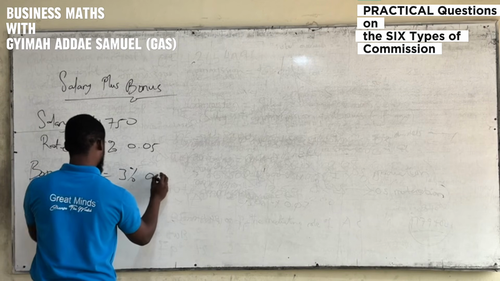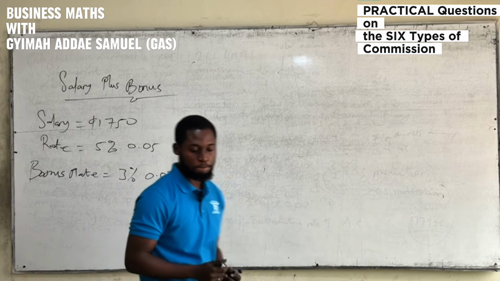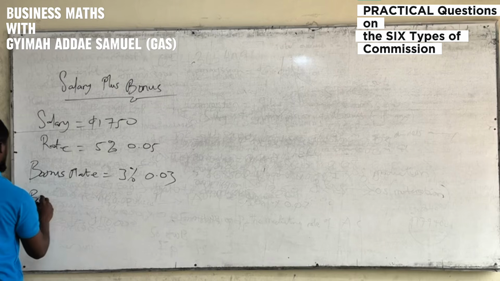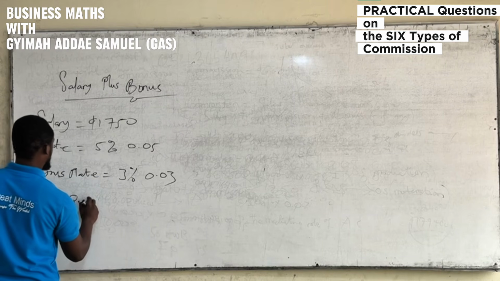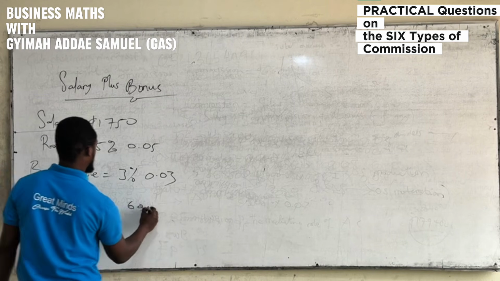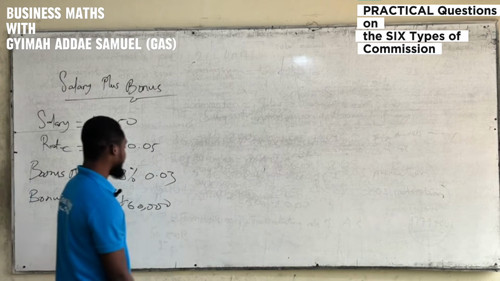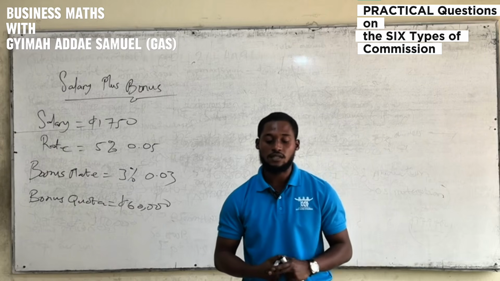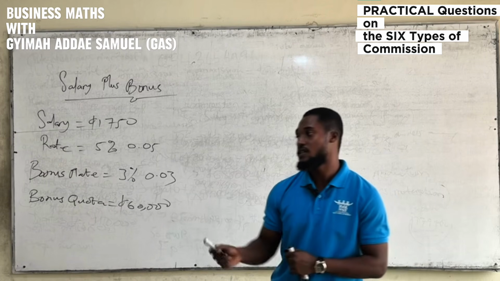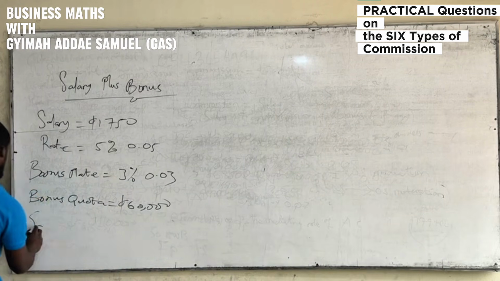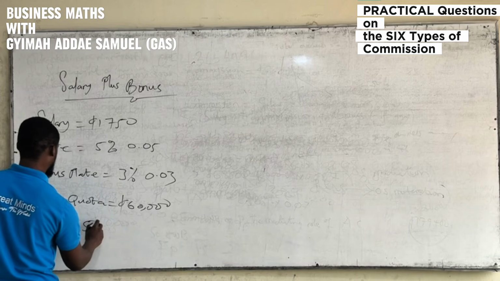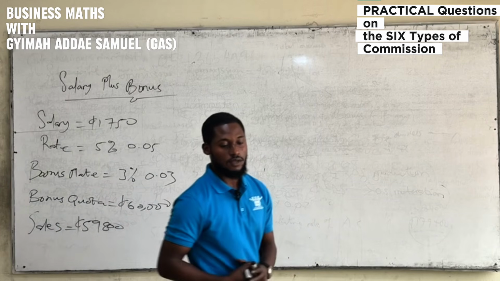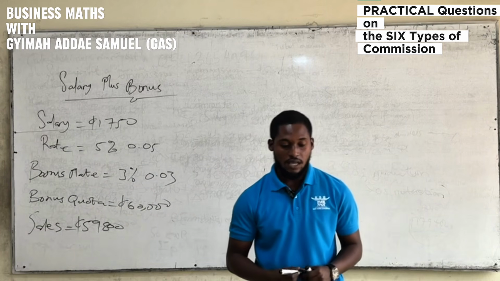Bonus quota stated in the question is 60,000 Ghana cedis. And now the sales that was computed in the question is 59,800 Ghana cedis. Now, let's determine her total earning.